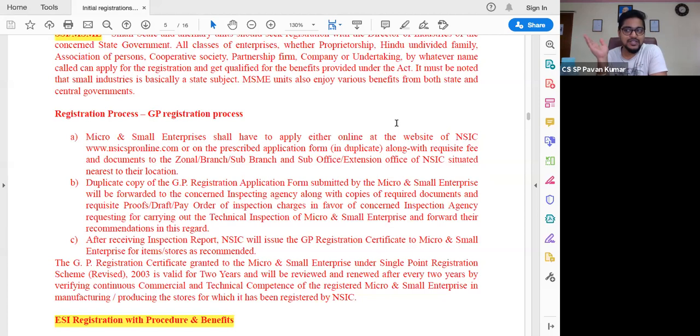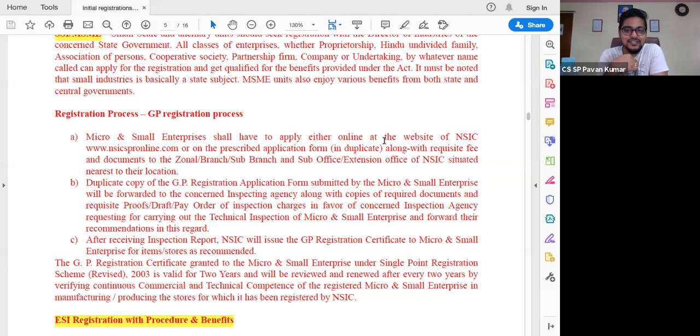After he files his return, whatever TDS is deducted gets adjusted with the tax liability that is payable, and in case of refund or excess, either he has to pay or the government will refund. I don't want to get too much into taxation and how it works, just a basic understanding about the questions, because I don't want to deviate from the subject.